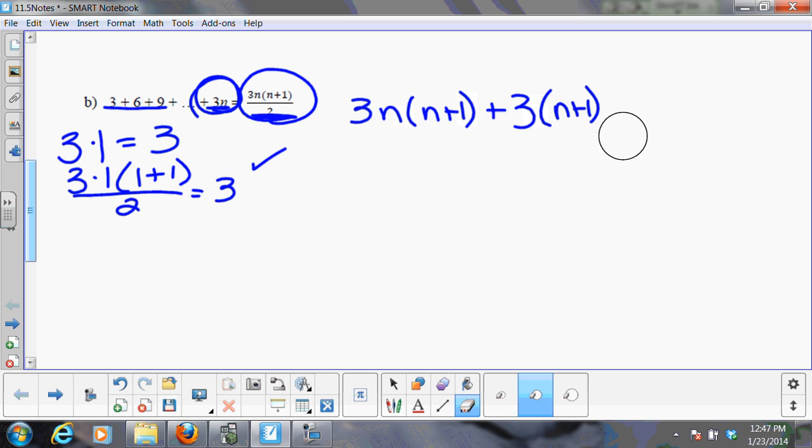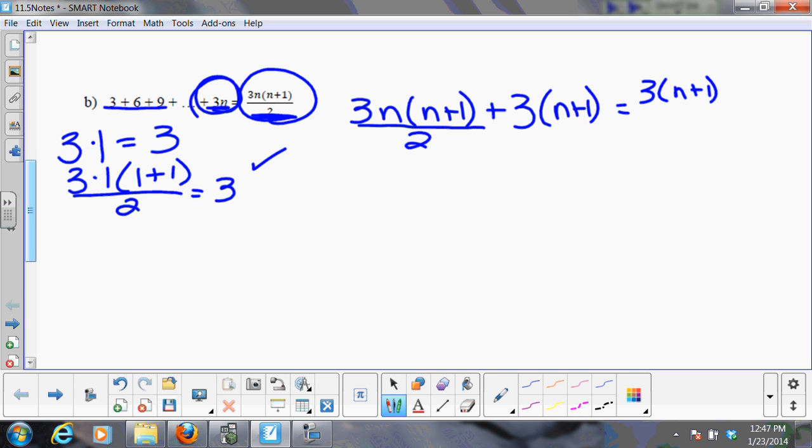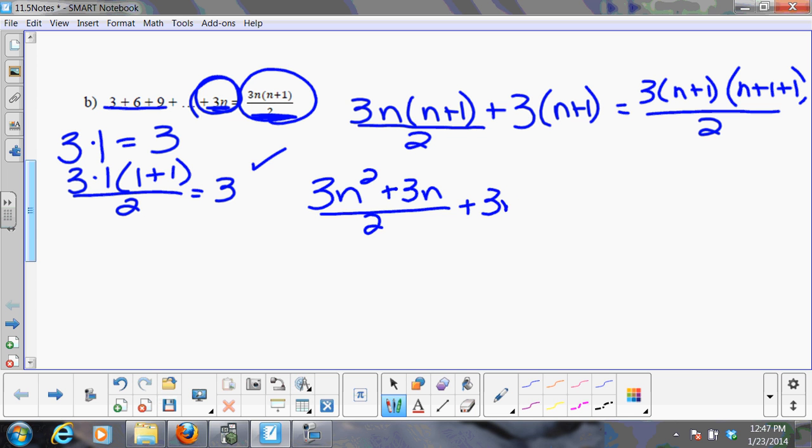One too many parentheses. And that should equal, oh, this is over 2, a new summation formula with n plus 1s. So working on the left side, we get 3n squared plus 3n over 2 plus 3n plus 3. On the right side, I'll distribute my first 3n in. 3n plus 3 in the second parentheses, n plus 2.